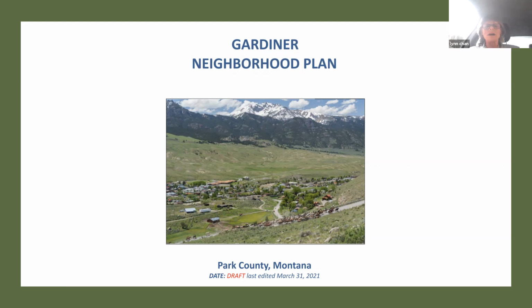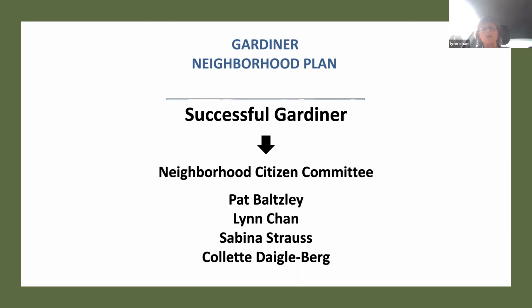So we've gone in this direction. A small group of us have been working with Jen over the past year. These are the names of our folks, our little working group, which came out of Successful Gardner, to put this neighborhood plan together.